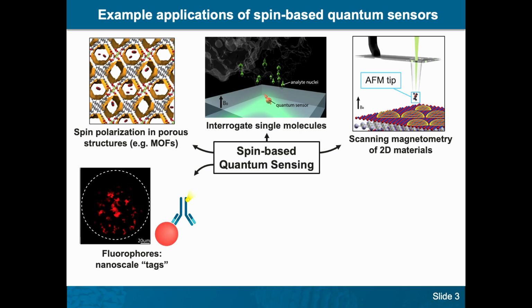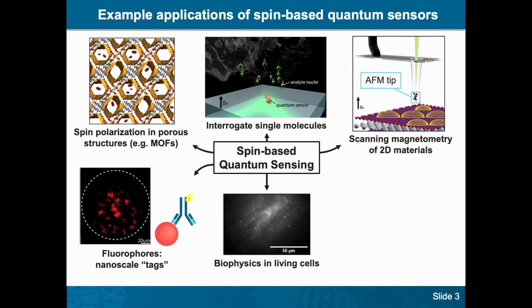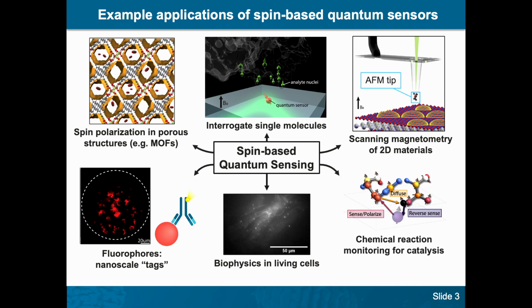This is to make chemical assays very sensitive. Basically, you can imagine a COVID test with about 10,000 times better sensitivity using quantum sensors. I'm going to describe that. A lot of applications in living cells. You can put quantum sensors inside cells and organisms. So this is as dirty as it gets, I guess. And lastly, monitoring chemical reactions with sensors at the nanoscale.